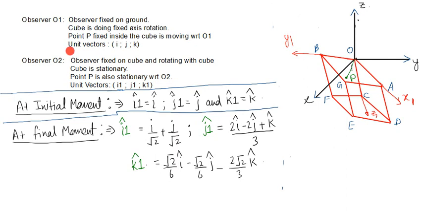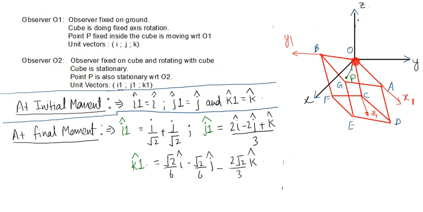Now the unit vectors for the coordinate axes of this observer are i cap, j cap and k cap. So in this observer's frame of reference, the unit vectors are i cap, j cap and k cap. Now imagine another observer O2. This observer is fixed on the cube and is rotating with the cube.